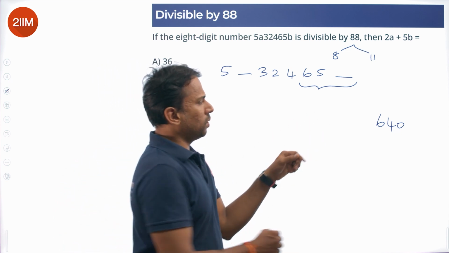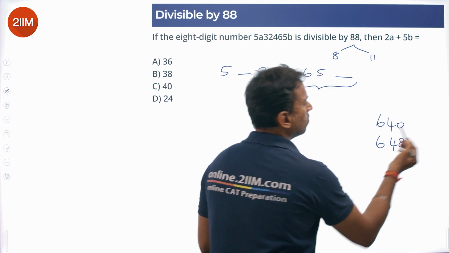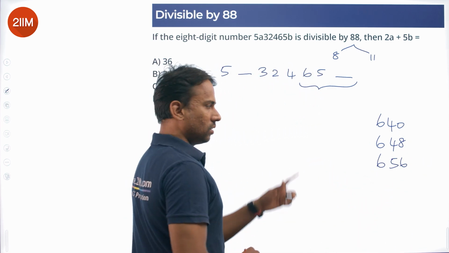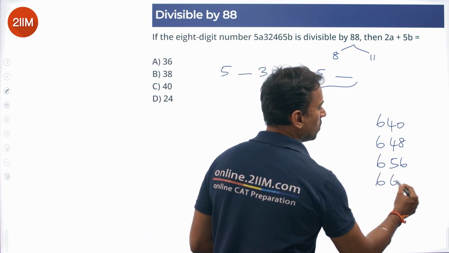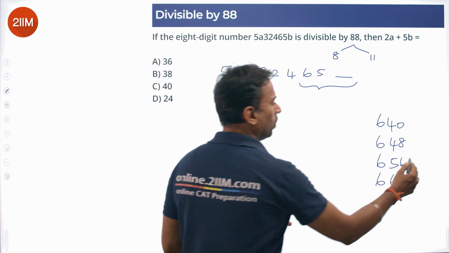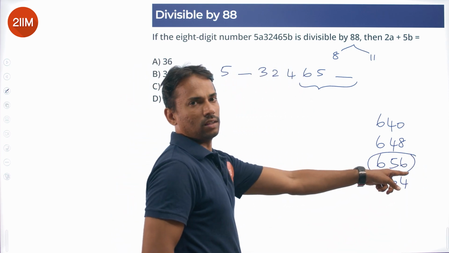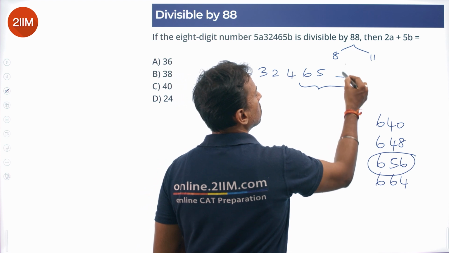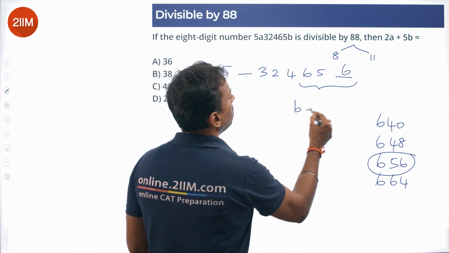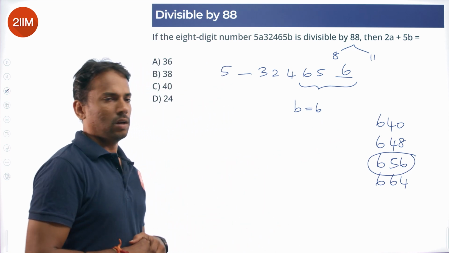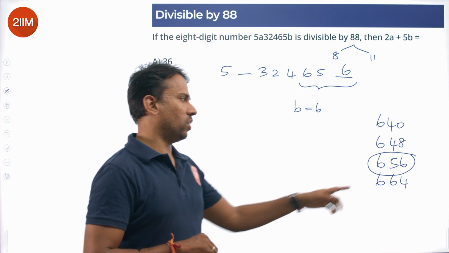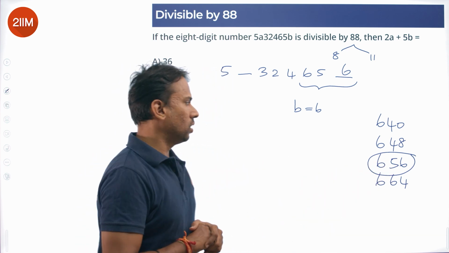That means the next number will be 648. The next number will be 656. The next number will be 664. That means in the 6-5 series we have only this number. So the last digit must be 6. So we clearly got to know the value of B. B should be 6, because only then we can make it divisible by 8. So fortunately we got only one choice. Nice.